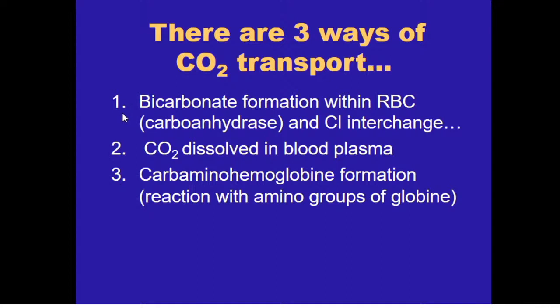So the first is bicarbonate formation within red blood cells, the carboanhydrase reaction that I showed you, and exchange with chlorine. This is also named the Hamburger effect, when carbon dioxide is coming inside of the erythrocytes, the chlorine will go away.